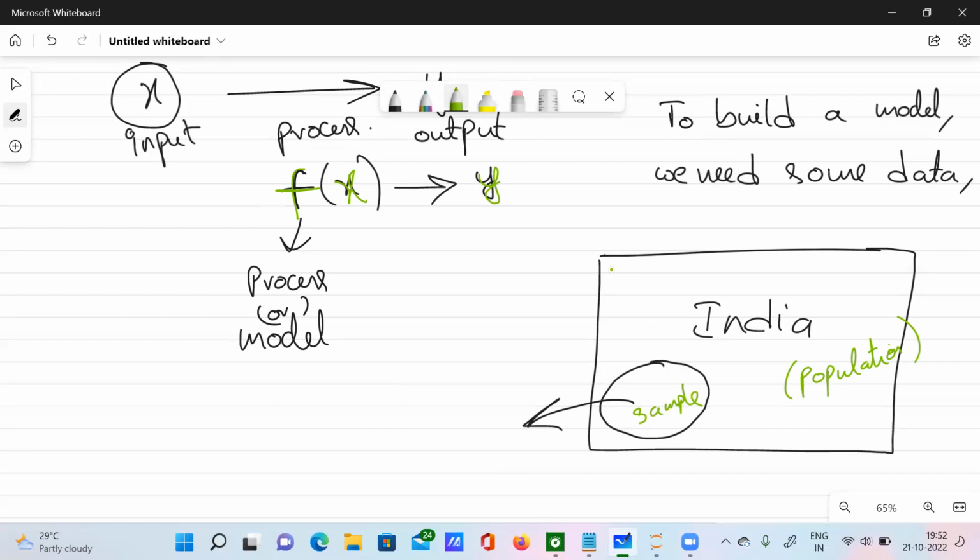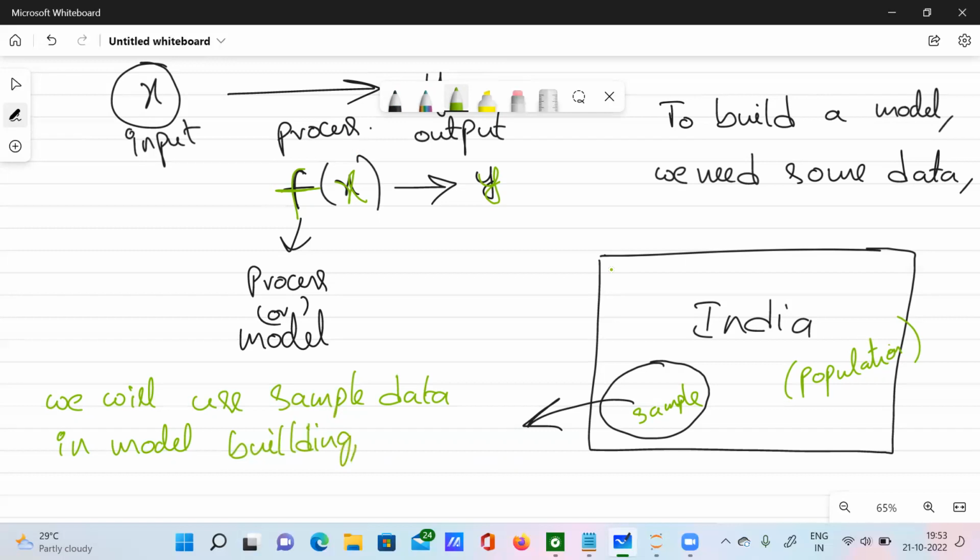So we will use sample data in the model building process, which represents the population.